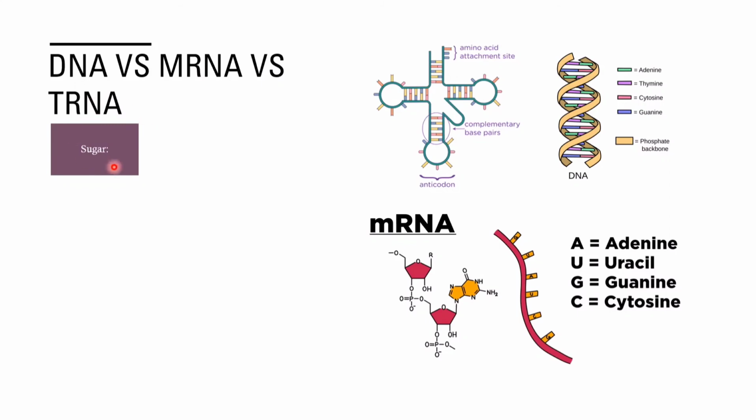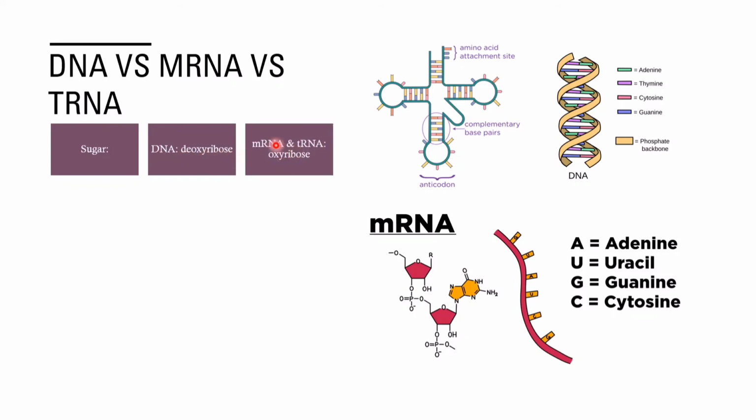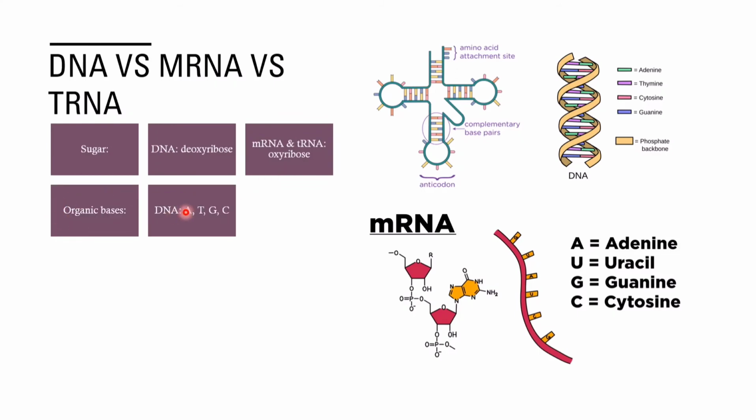And our types of sugars in our chains. DNA has a deoxyribose, and mRNA and tRNA have a ribose. The types of organic bases: DNA has adenine, thymine, guanine, and cytosine, while mRNA and tRNA have adenine, uracil instead of thymine, guanine, and cytosine.